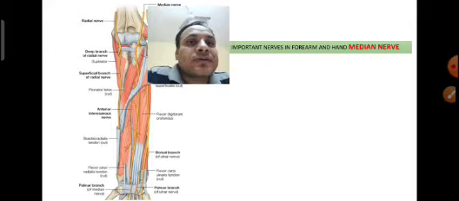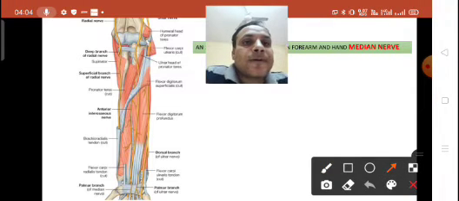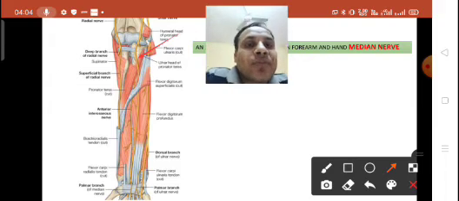You can see in this diagram, this one is the median nerve. The median nerve runs downwards and leaves the cubital fossa by passing between the superficial and deep head of the pronator teres muscle, runs downwards and enters into the upper part of front of forearm.